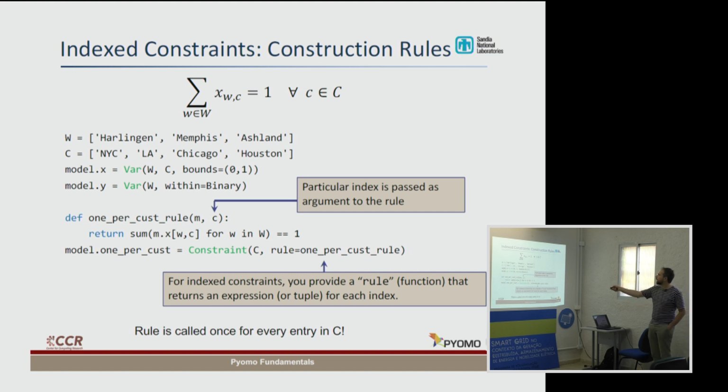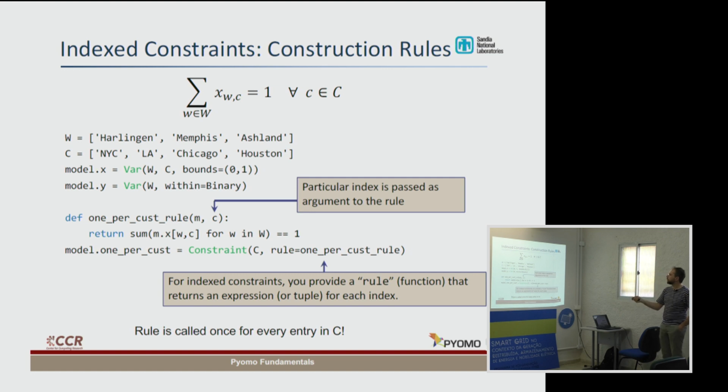In the possible warehouses, I define a list. So here it's an example in the United States. There are possible warehouses in Arlington, Memphis, Ashland, and there are customers in New York City, Los Angeles, Chicago, and Houston. Okay, this is a simple example with a small number of items.